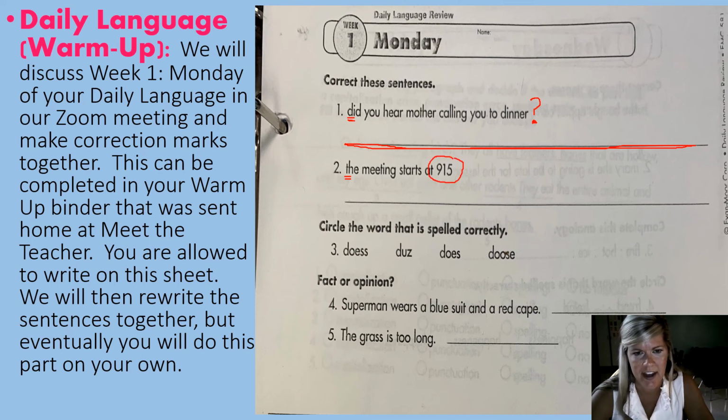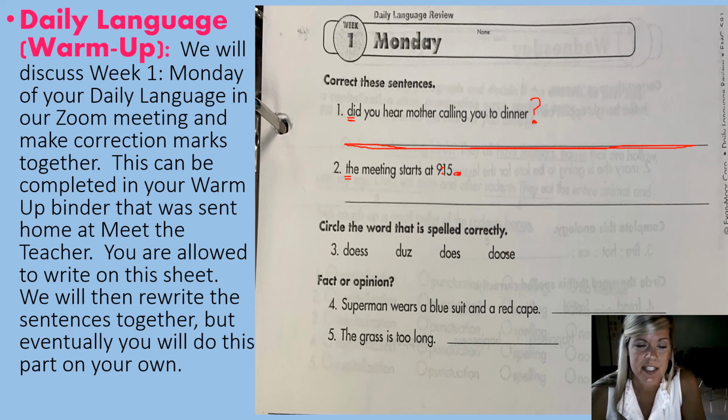This needs to have 2 dots in between since this is a time. Okay, and then we're missing one more thing. We should have a period at the end. So when you rewrite this sentence, make sure you capitalize the T, put 2 dots, which is called a colon, in between the hour and the minutes, and then make sure you put a period at the end.